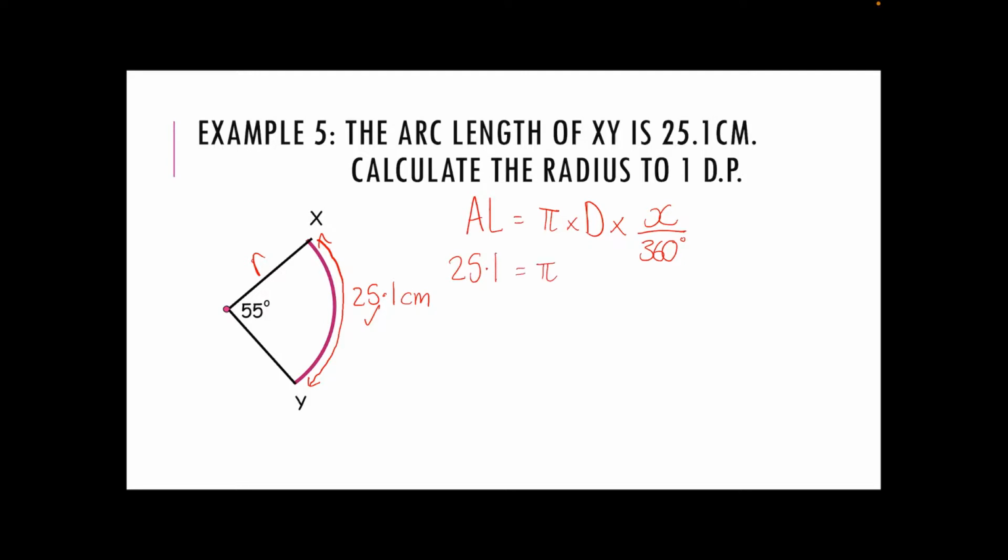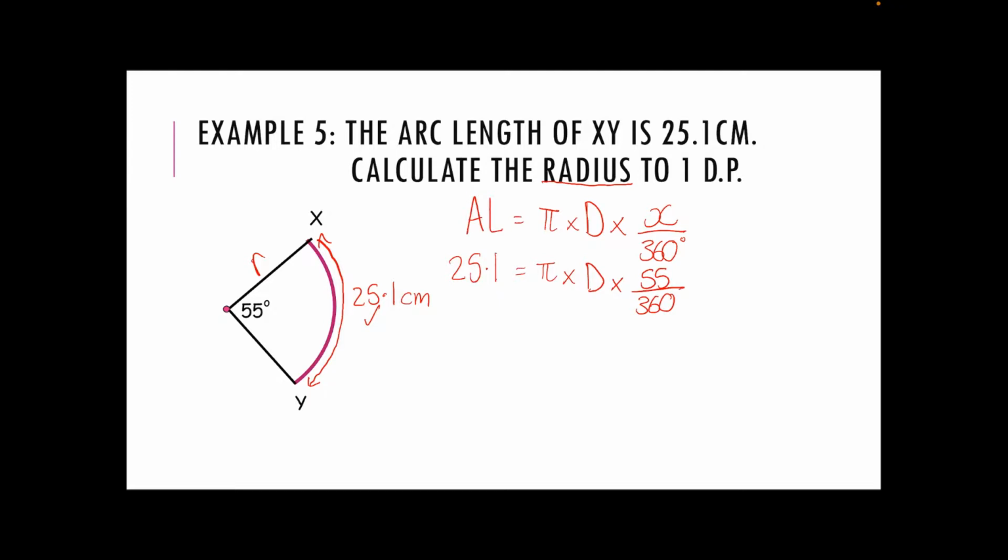Pi is just pi, we know what that is, either using 3.14 or using the button in our calculator. We don't know the diameter, but we know that our diameter and the radius are linked, so we're just going to leave it as our diameter just now. Our angle then is 55 and it's still out of 360.